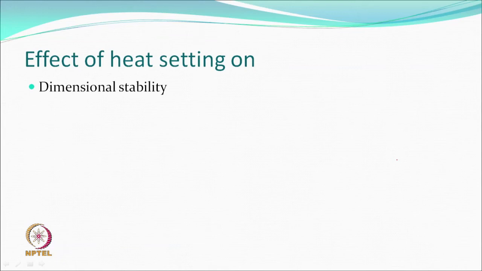How much shrinkage the processor would like to allow, that you decide, 5%, 7% shrinkage in any of the directions, let us say in the warp direction, you allow that to happen, and then finally the fabric will be more stable, okay, as far as that is concerned. So, what is the major effect of heat setting?